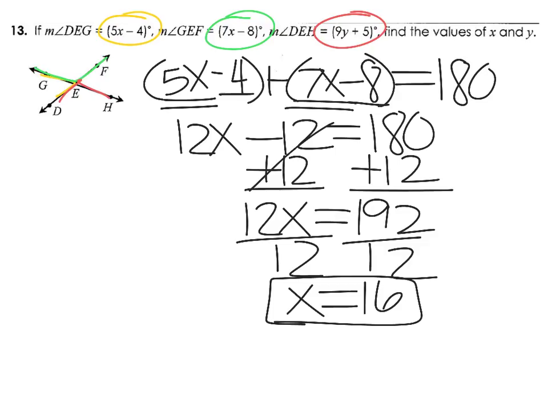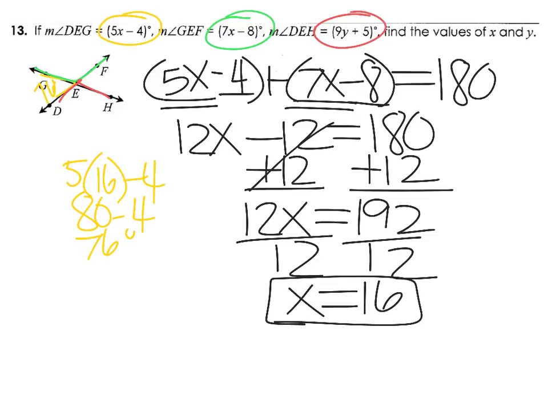Now, if x equals 16, we can plug that back in and find the measure of angle DEG. So we would say 5 times 16 minus 4. 5 times 16 gives us 80, minus 4 gives us 76 degrees. So this angle right here is 76 degrees. Now we want to find y.